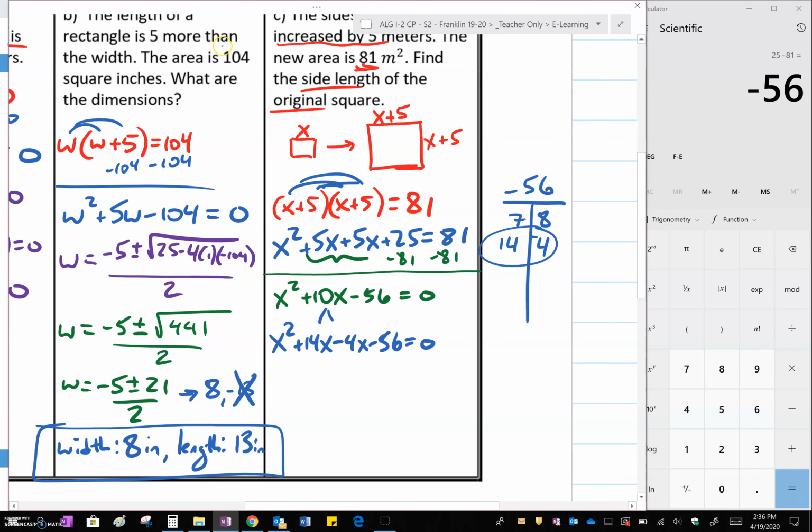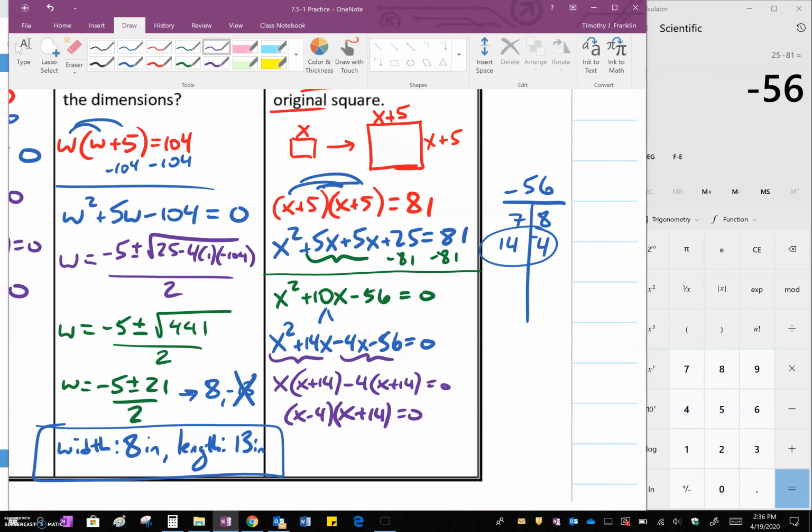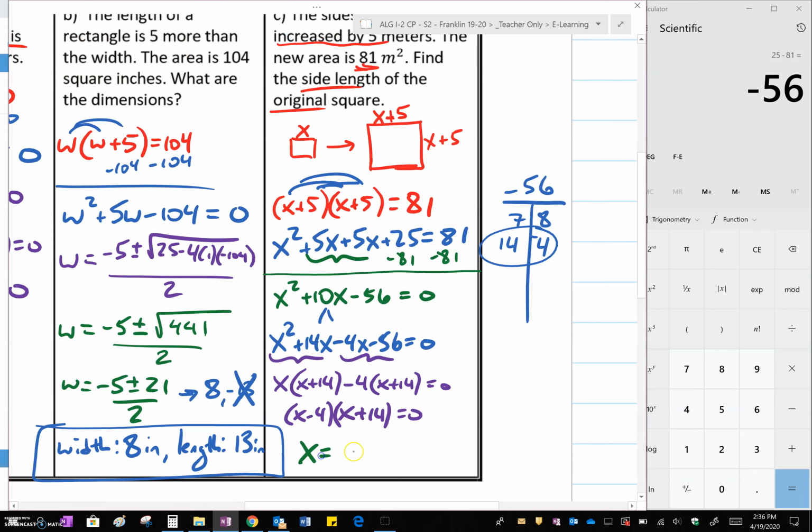Let's factor by grouping. So x times x plus 14 minus 4 times x plus 14. So you have it, our factored form here, x minus 4 and x plus 14. So that means our two solutions for x are 4 and negative 14.